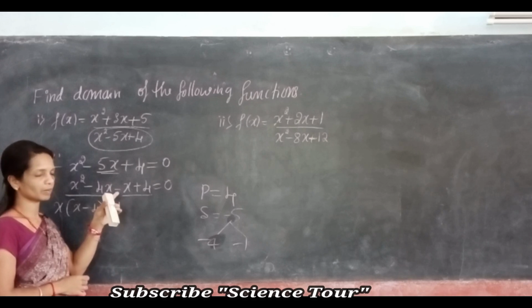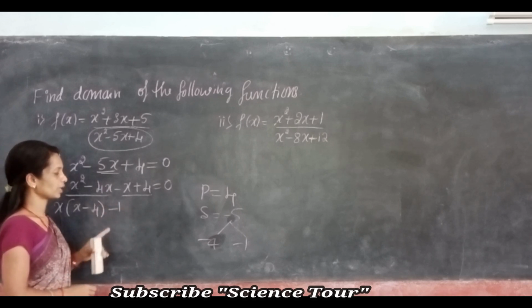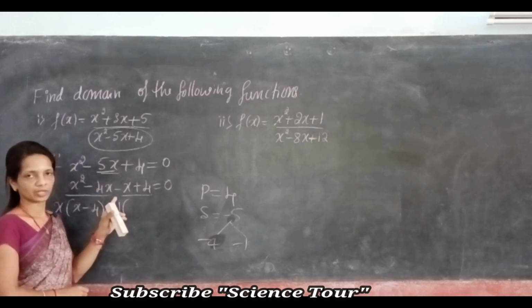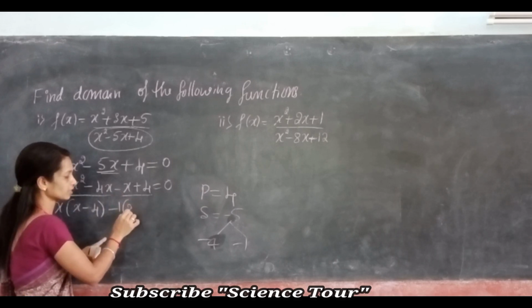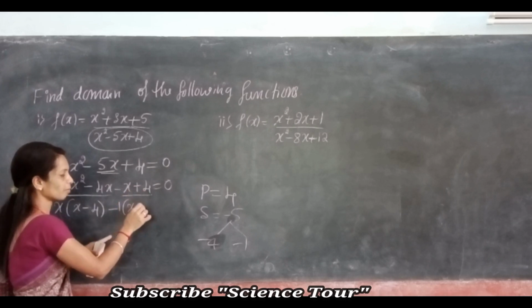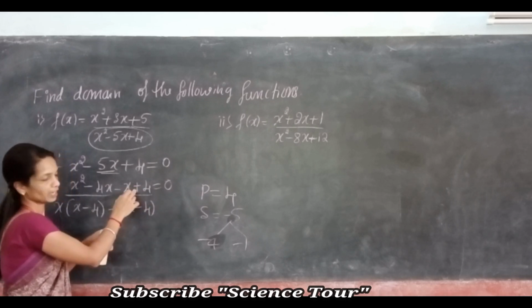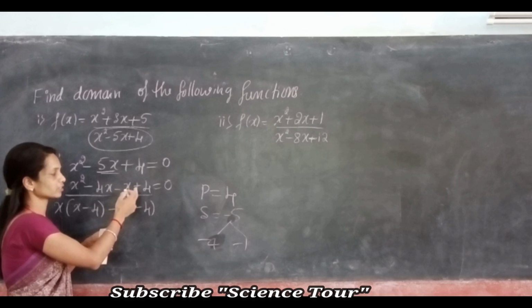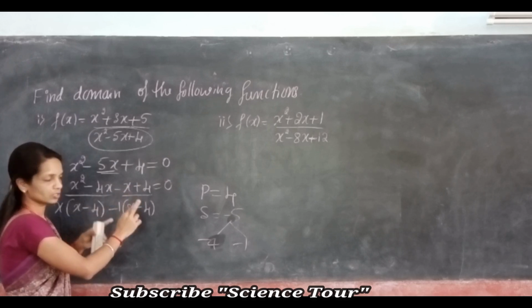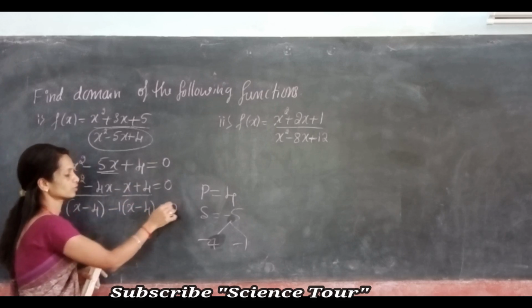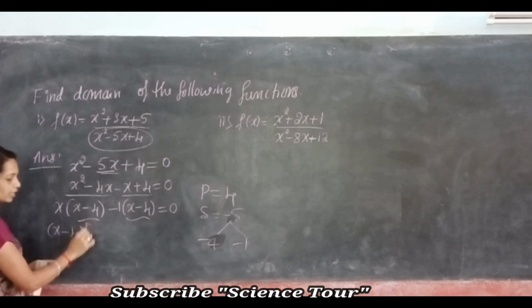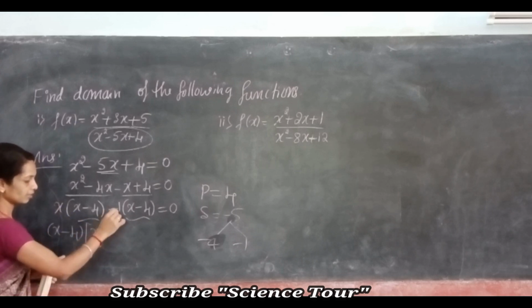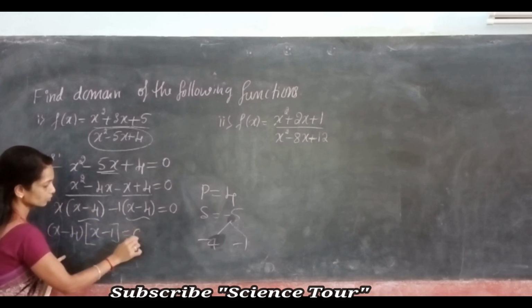If the first term is minus, then you write minus 1 as a common factor, and then the remaining factors are x and minus 4. In the plus you have minus into minus, in that one minus is out, so one minus is in. Equal to 0. Now the bracket x minus 4 is common, so take that out, x minus 4. Then the remaining is x here and minus 1 here, equal to 0.